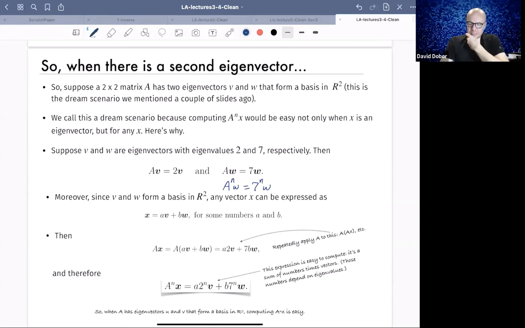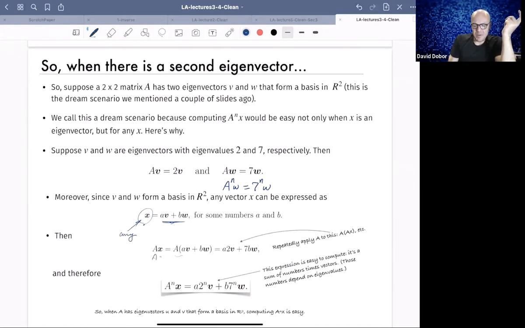Just as just discussed. But because now W and V form a basis in R2, what does that mean? That means that any vector, this is an arbitrary vector X in the 2-dimensional space, is some linear combination of these 2 basis vectors. Then, first of all, when I apply A once to that vector, what comes out of it?